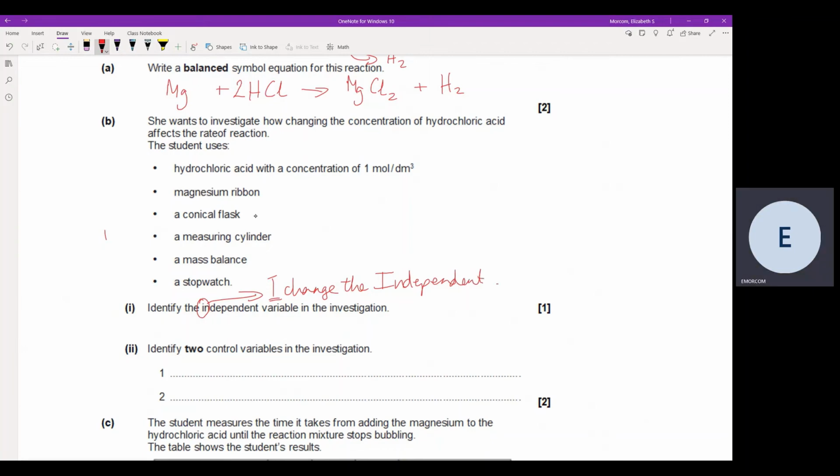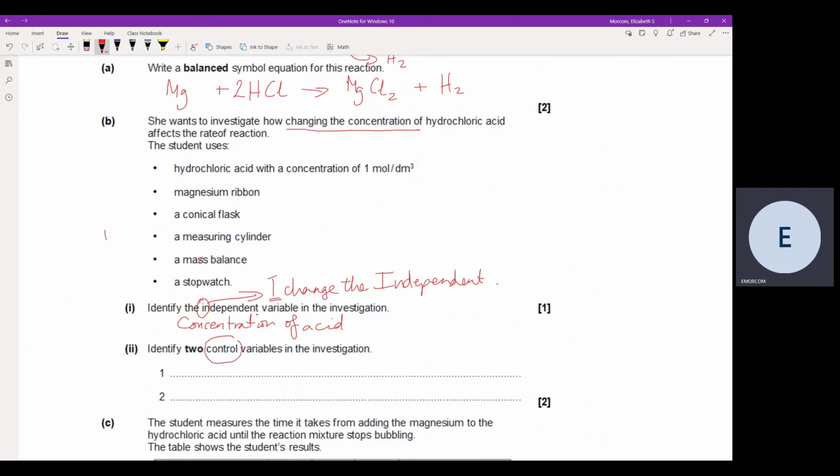We are changing the concentration. It literally says it there. So I change the concentration, therefore the concentration of the acid is the independent variable.